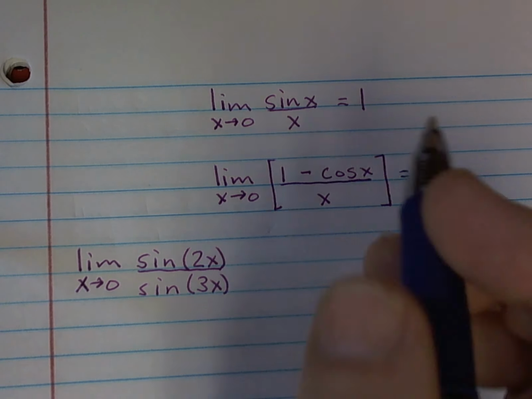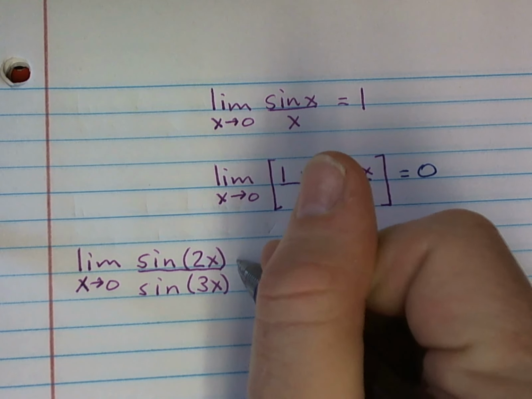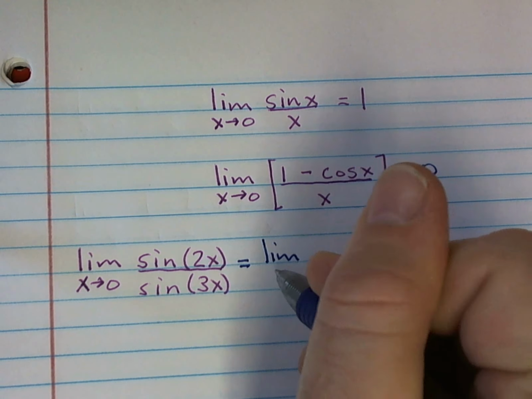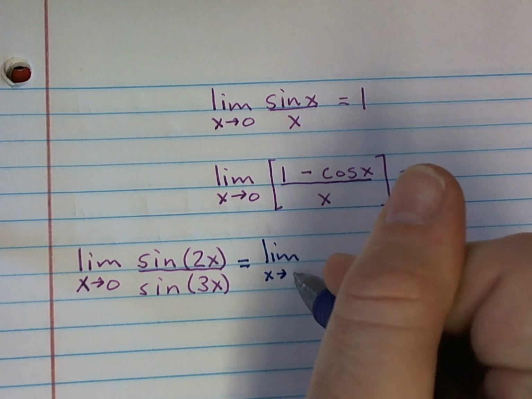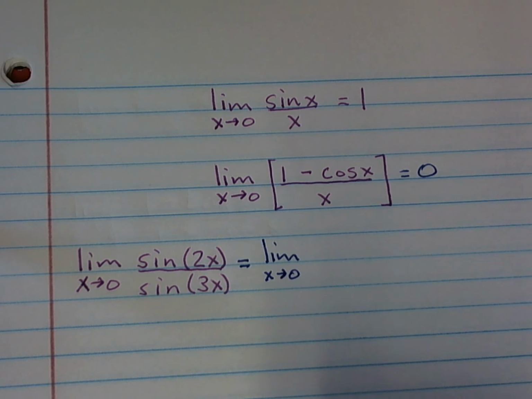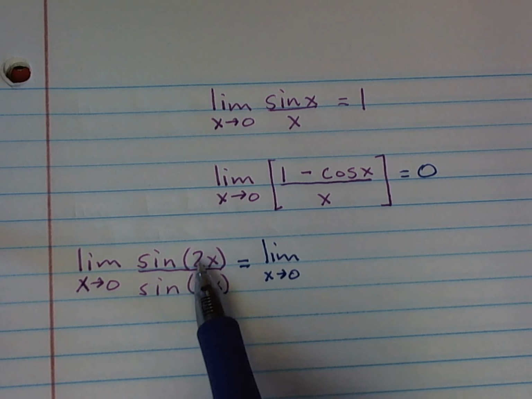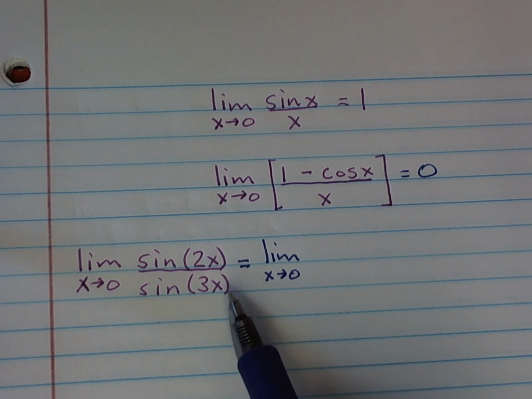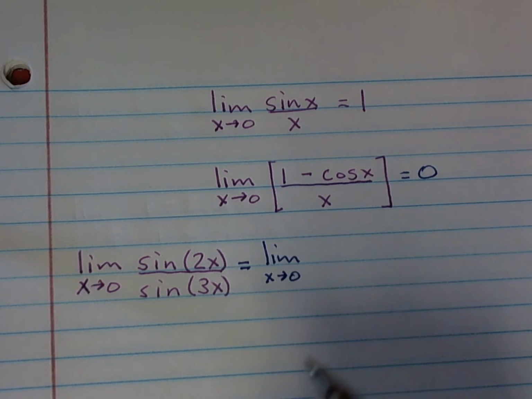So let's think about what if we do this little trick. A lot of times in mathematics, a problem boils down to just recognizing some kind of trick. In this case, what if I just multiply sine 2x over sine 3x by 1? I can certainly do that, and it doesn't hurt anything.